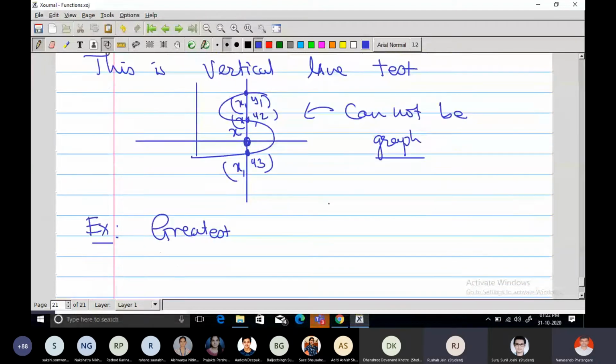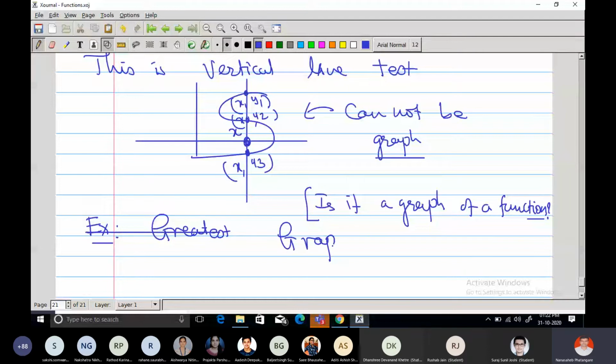What was my question? Is it a graph of a function? Graph is a general word, right? Graph is a very general word, and there is a separate branch of mathematics called graph theory.